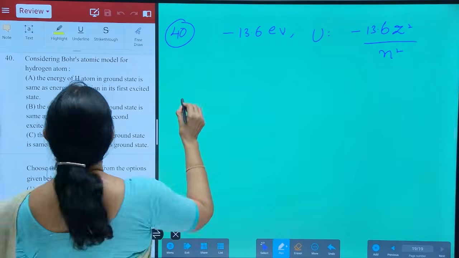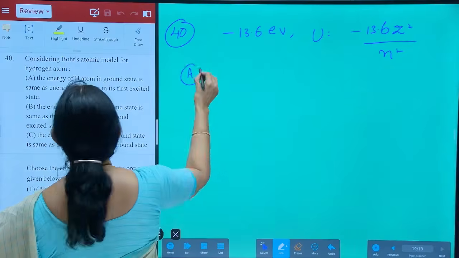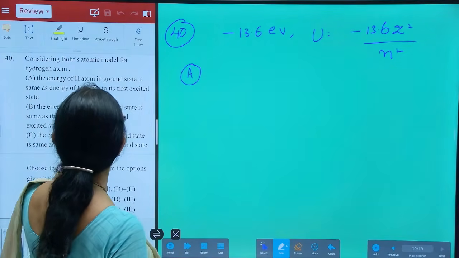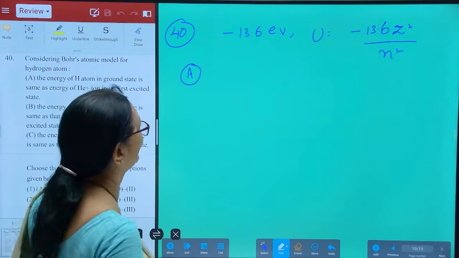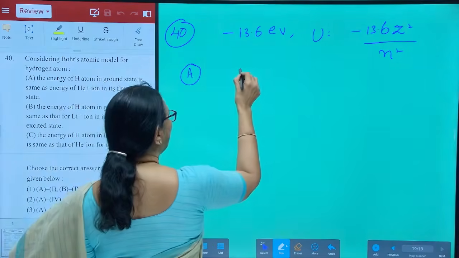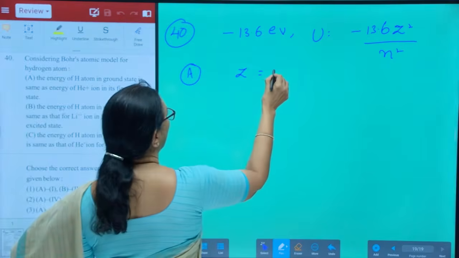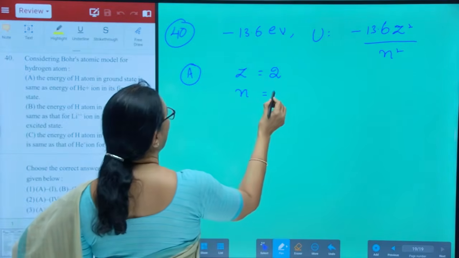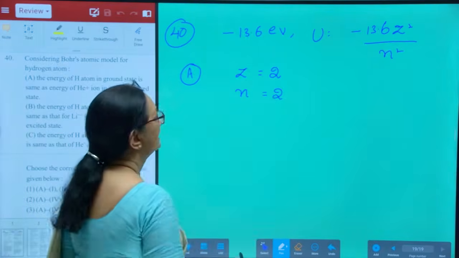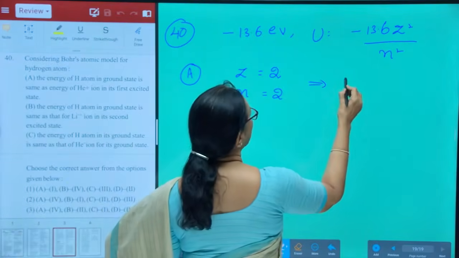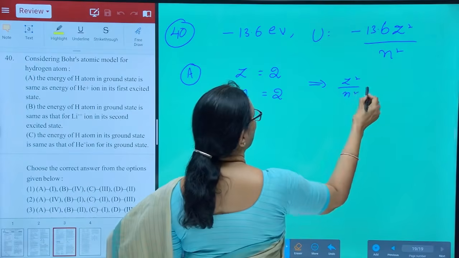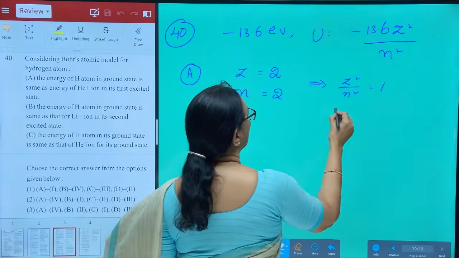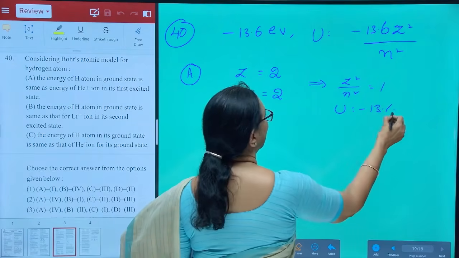Now, in the first option, it is given energy of hydrogen atom in ground state is same as that of helium ion in the first excited state. For helium, atomic number is 2. First excited state, N is equal to 2. So Z square by N square is equal to 1. Hence, its energy is also equal to minus 13.6.